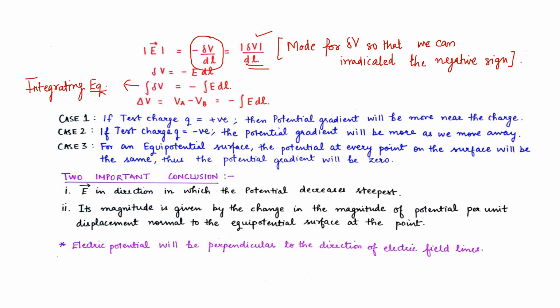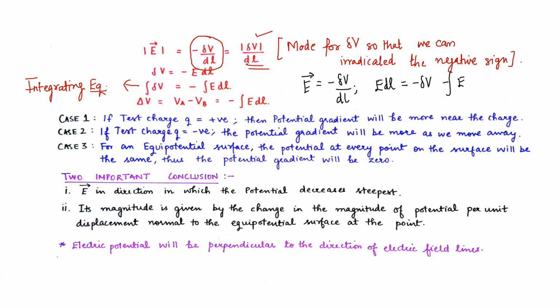Now see, I will solve it up for you all. See over here, E equals minus del V upon del L. Now E del L equals del V, integrating on both sides.